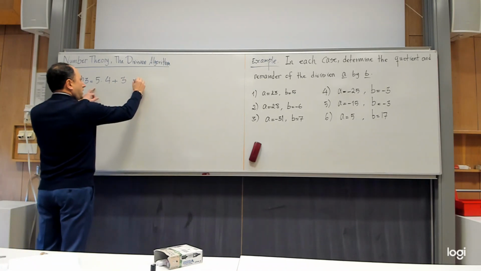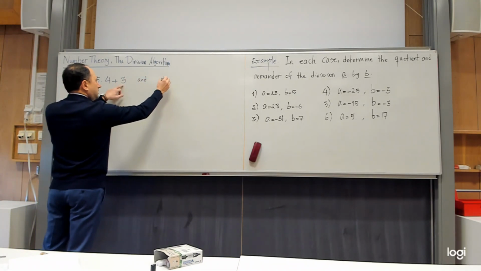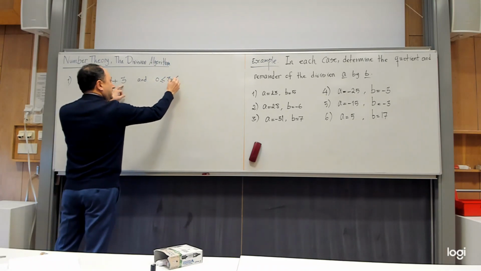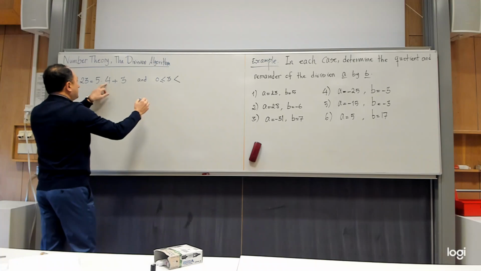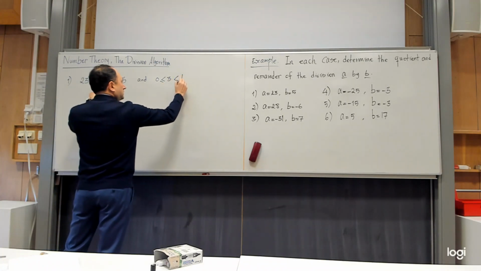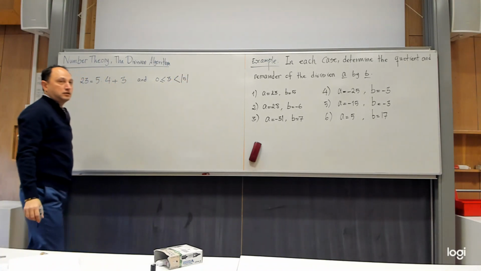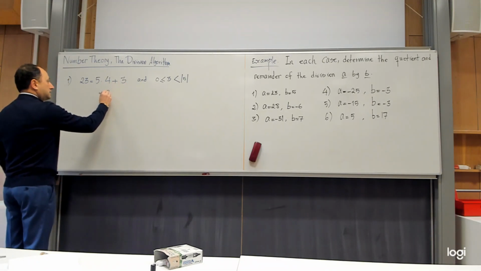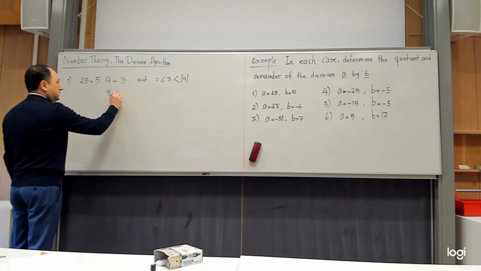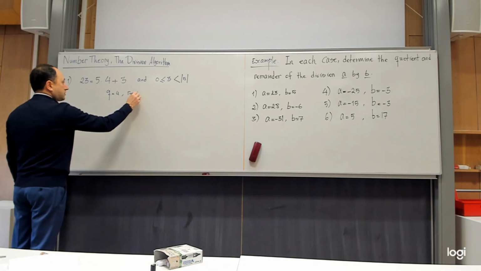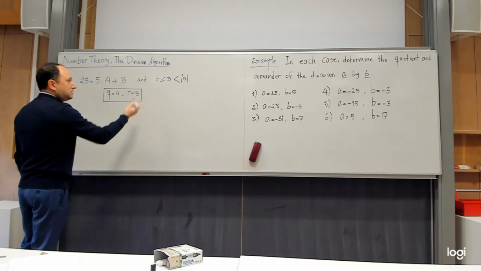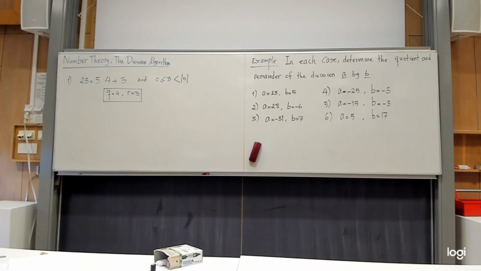And 3 is greater than or equal to 0 and less than the absolute value of B. Because this is true, then I can say that the quotient is 4 and the remainder is 3. Of course, you really didn't need to know this algorithm to be able to find Q and R.